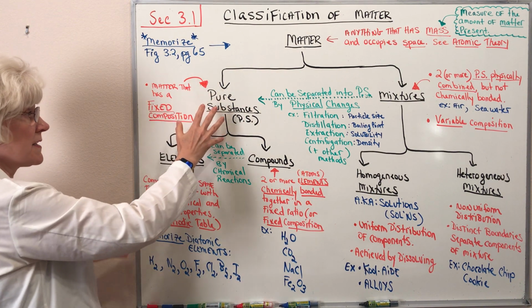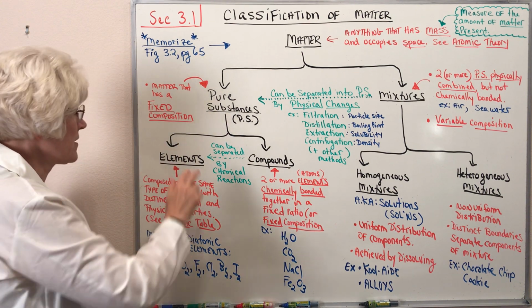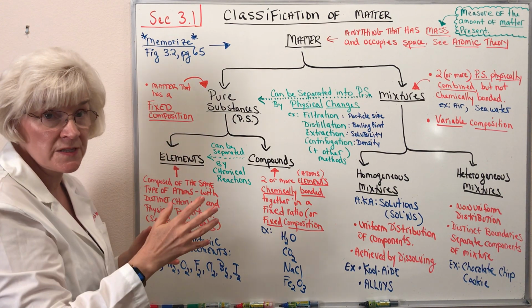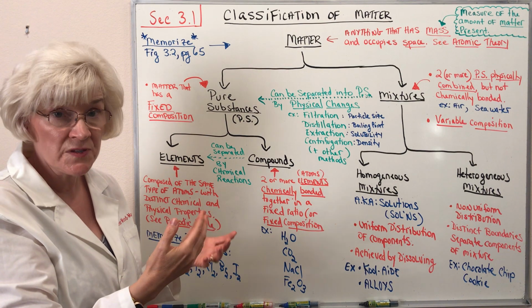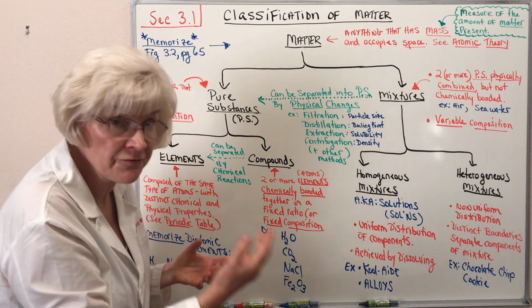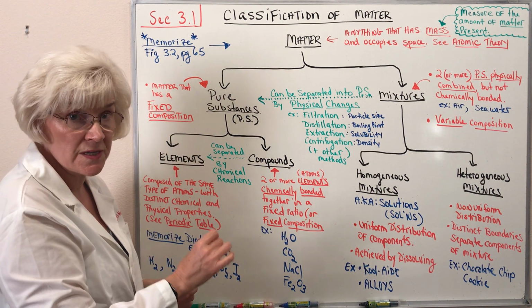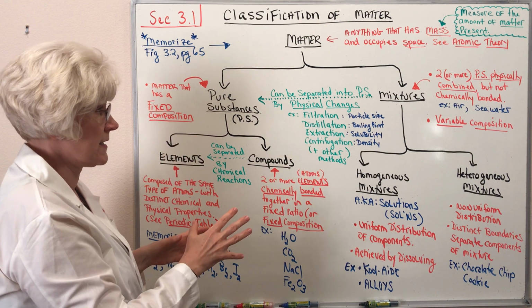Well, pure substances can be simply described as matter that has a fixed composition, meaning its composition is not changing, it's not changing into some other different type of matter. Its composition as a pure substance is fixed.